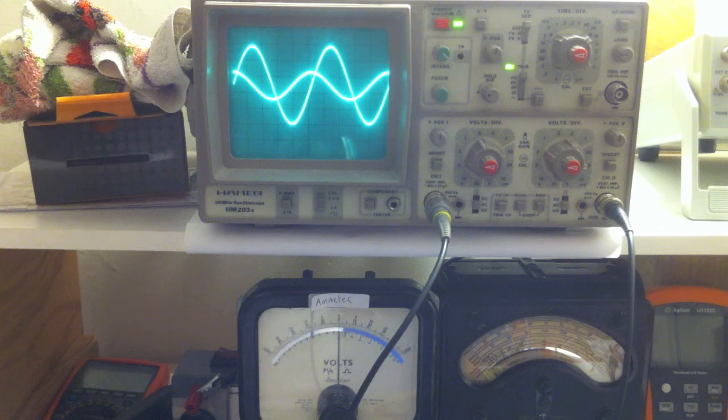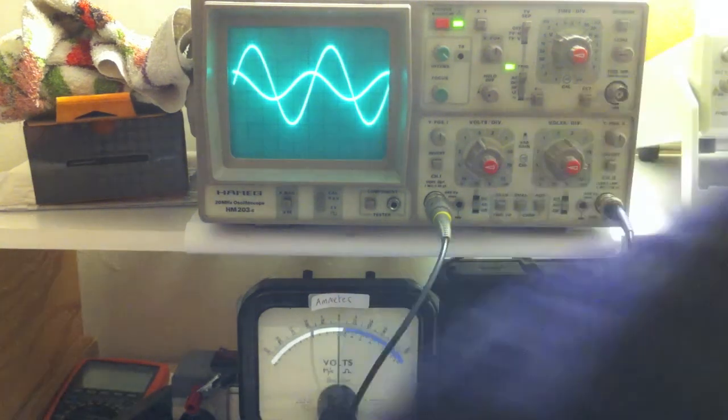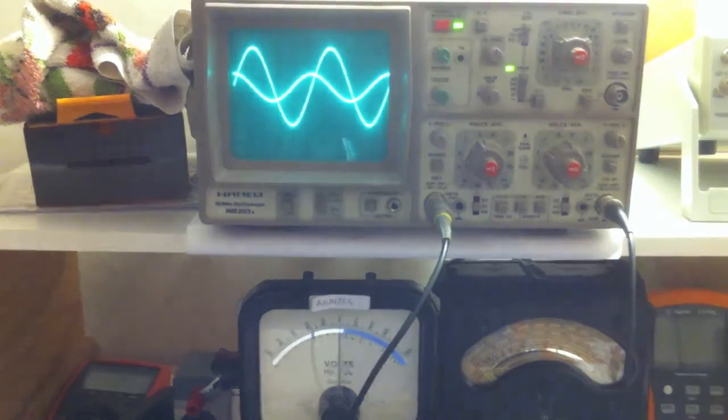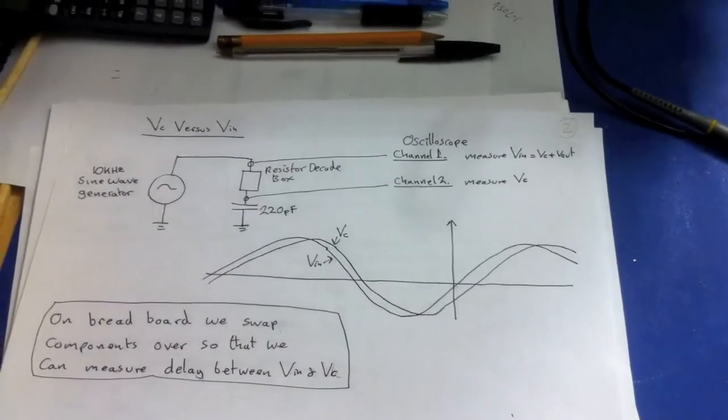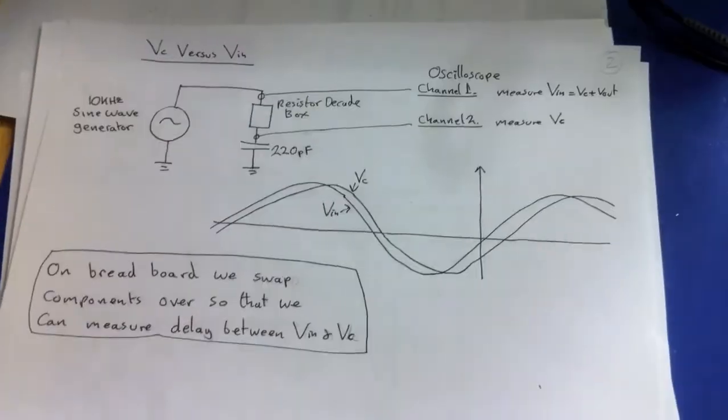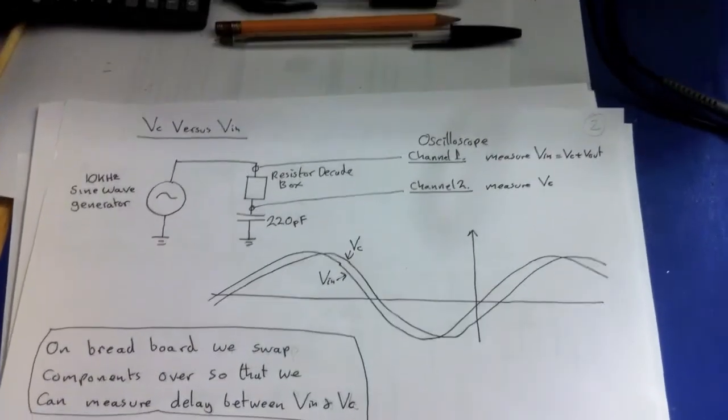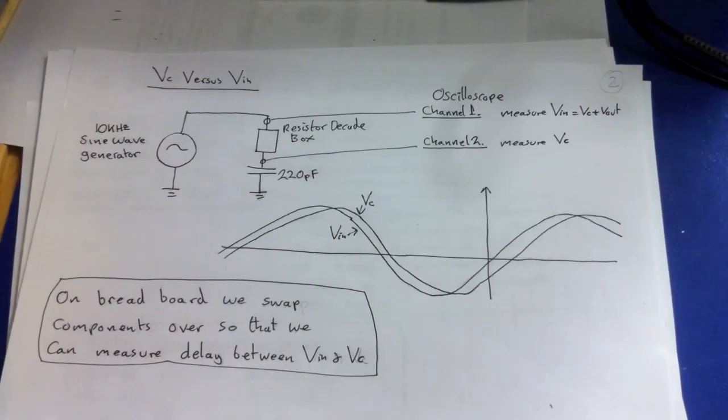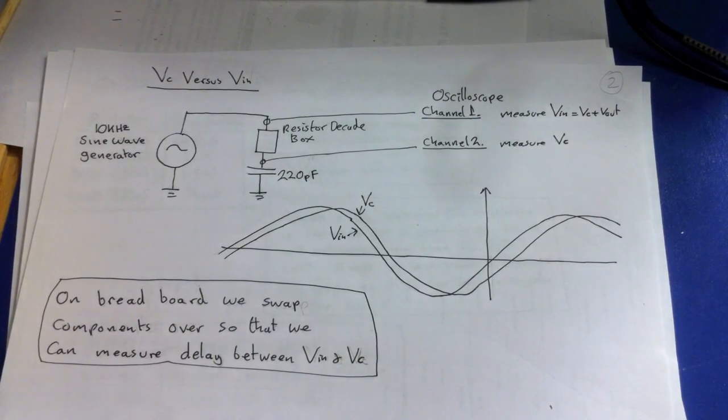The next thing I'm going to do is swap over the components and just show you what I've got here. So on the breadboard, I'm going to swap over the resistor box and the capacitor.